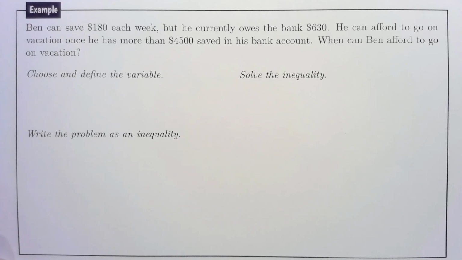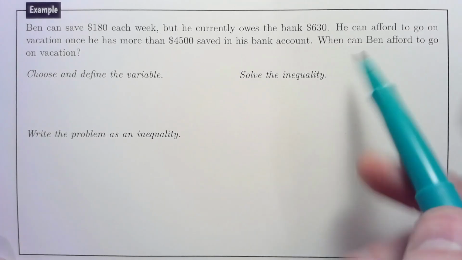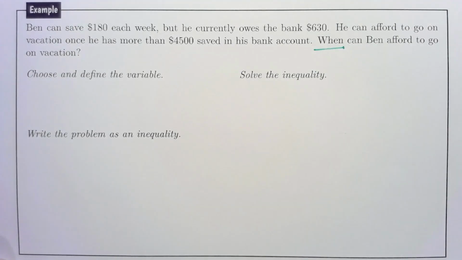So first thing we need to find is the variable. Now remember, we want to look at what the question is actually asking for to figure out what the variable is. So this is asking, when can Ben afford to go on vacation? Another way of saying that is, how much time has passed before Ben can go on vacation?